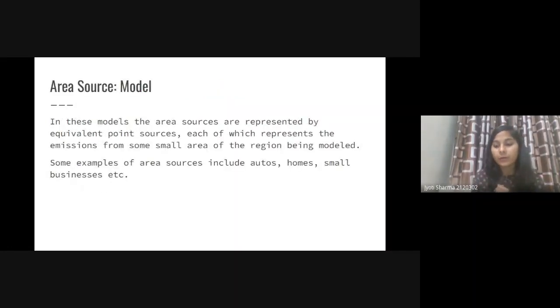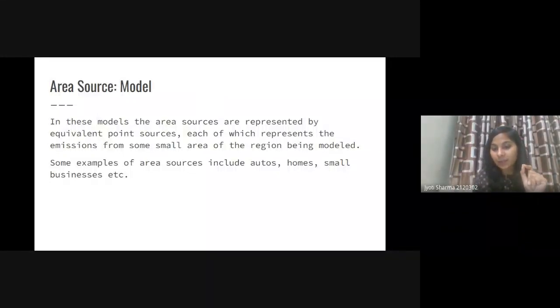First, there is an area source. If we want to model it, if we want to calculate how much concentration we are getting at a particular receptor from that area source, again we have some assumptions. The assumption is that pollutant is coming from only a single point.